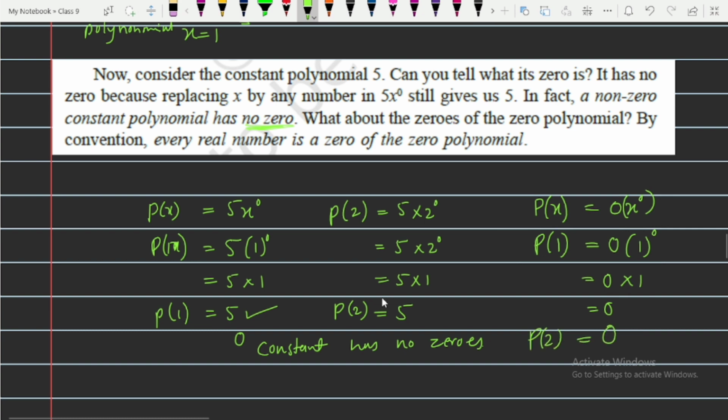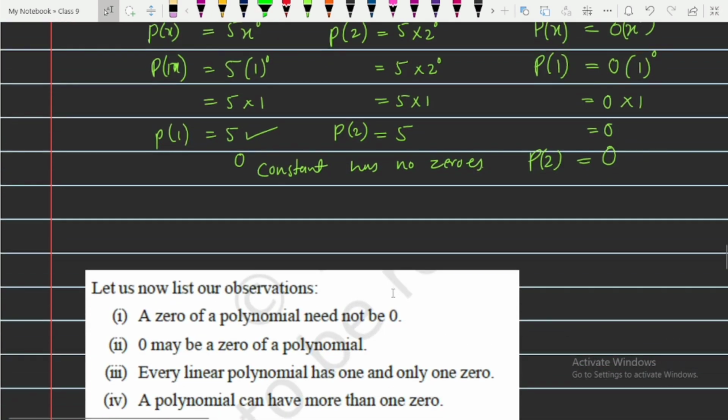So for the zero polynomial, every real number is a zero.